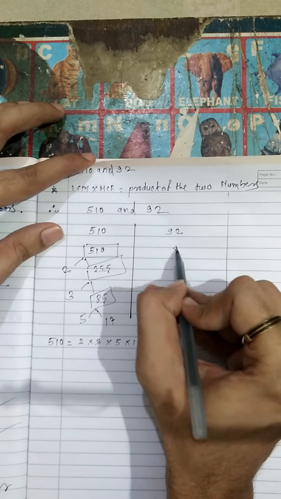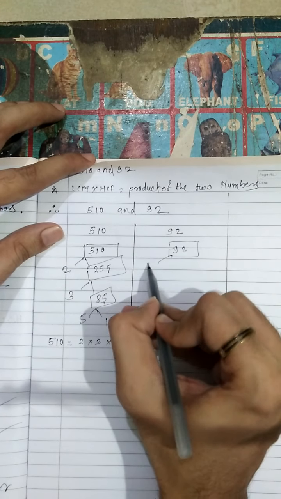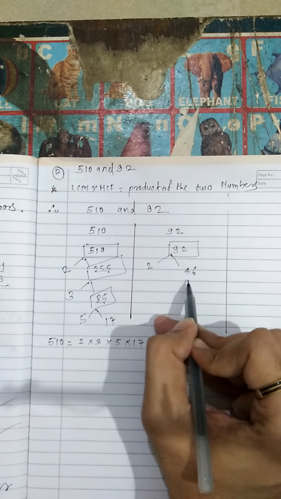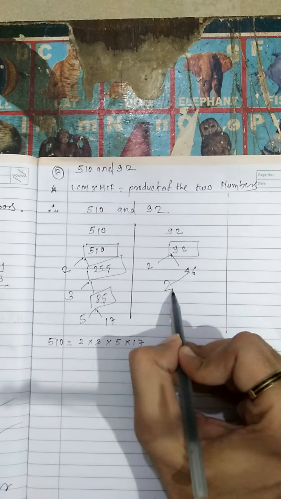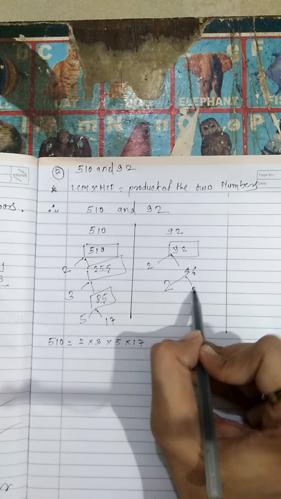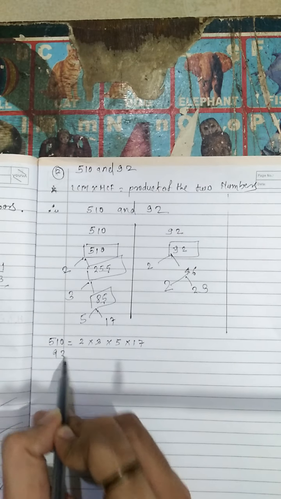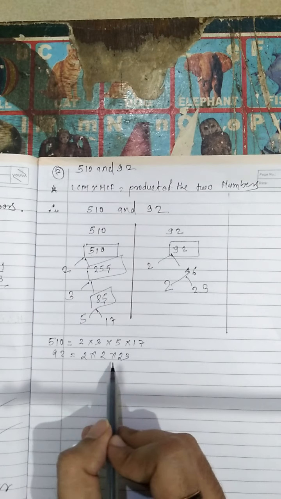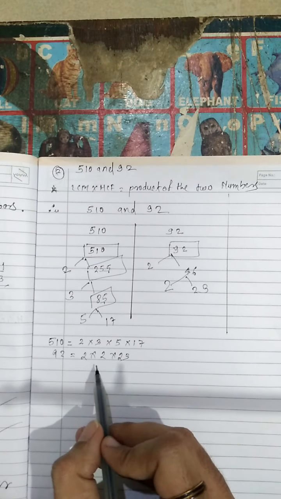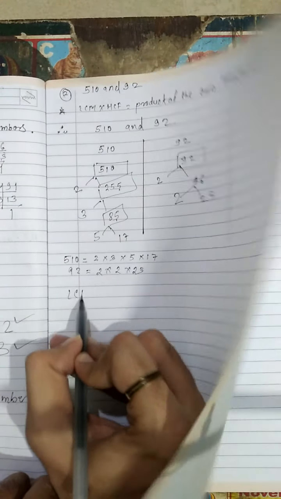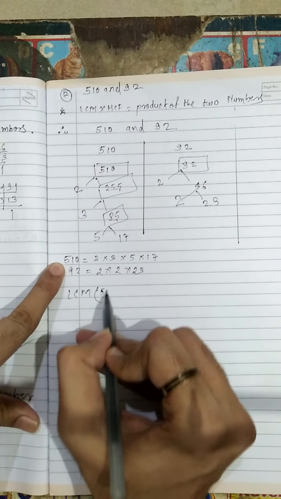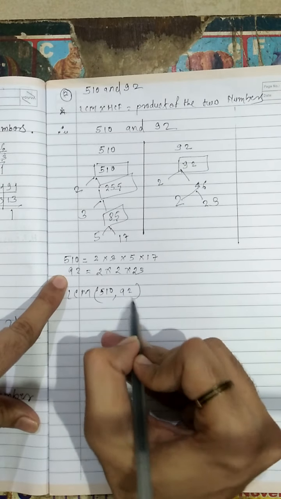Then here 92. 2 divided into 92 gives 46. Now 2 divided into 46, you get 23. So in the same way 92 is 2 multiplied by 23. Now LCM and HCF. I am writing here LCM of A 510 comma B 92.